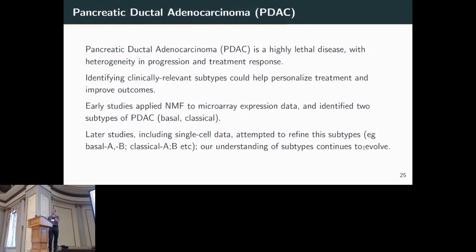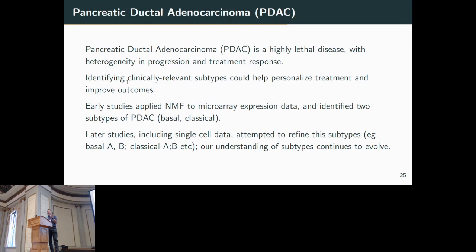These data are from pancreatic ductal adenocarcinoma, so pancreatic cancer. These are tumor cells, and one of the goals of looking at single cell data is to identify subtypes of the cancer.